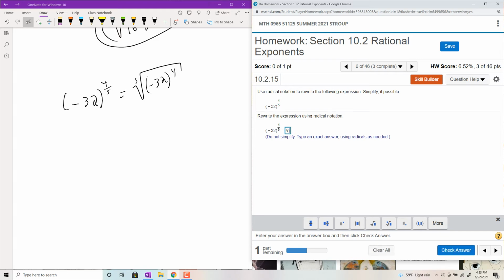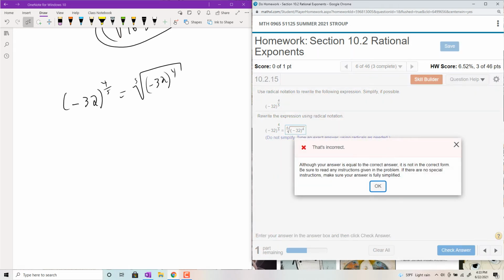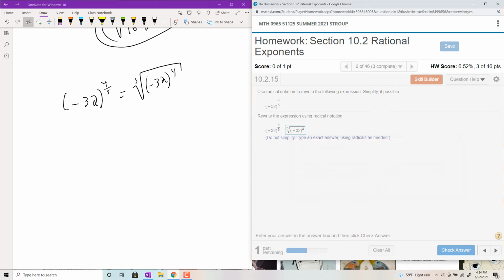Root 5, negative 32 to the 4th. Yeah, I didn't like that. Do not simplify. Type exact answer. Rewrite using radical notation.